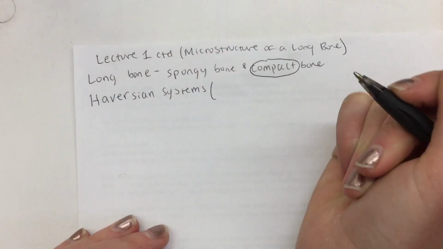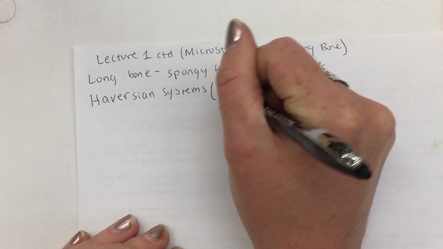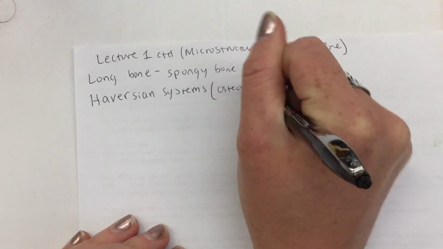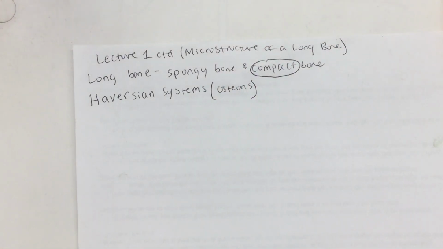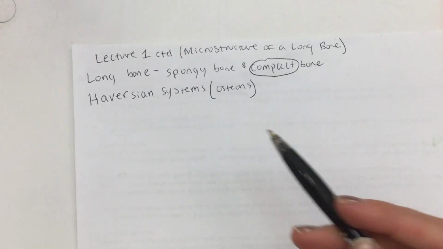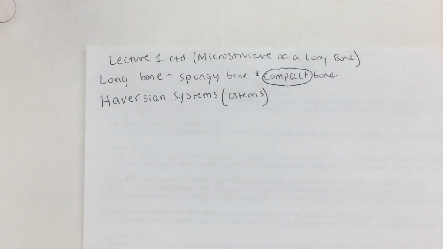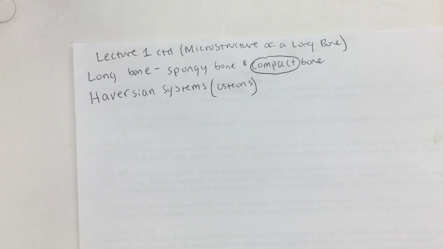Another name for Haversian systems is osteons. When you were taking biology, you might have heard the comparison of a necklace full of beads: each individual bead is the building block, and all together it's a string of beads that makes your necklace. So the osteons would be a single bead, and when they're all together, repeated over and over and over, we get our compact bone.